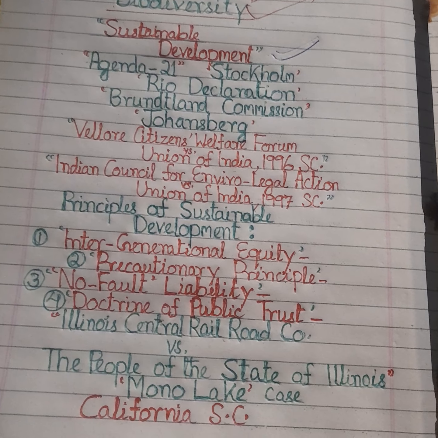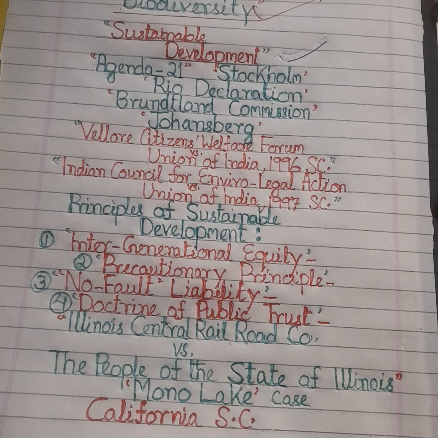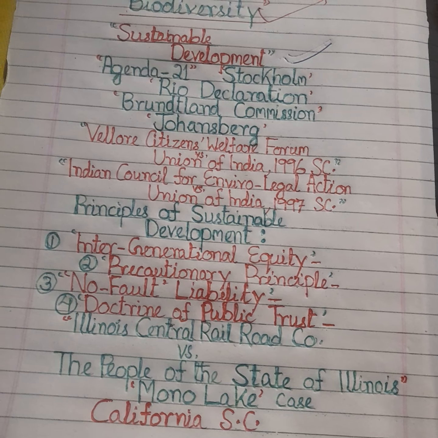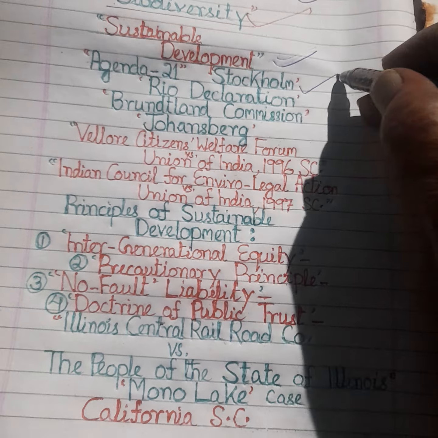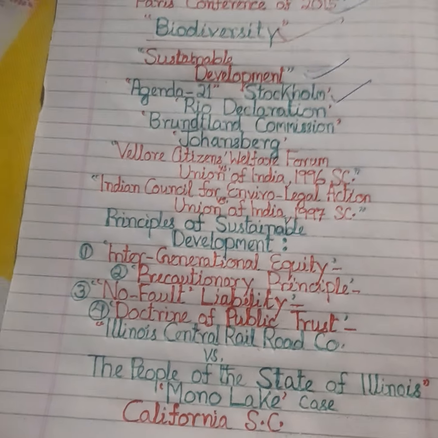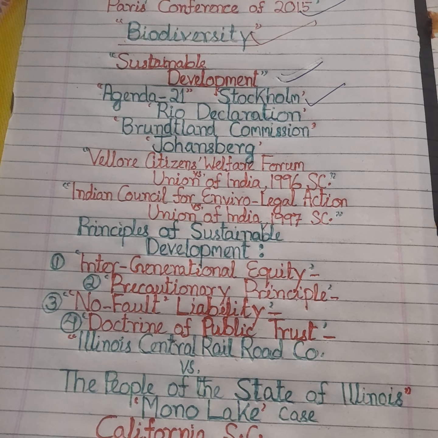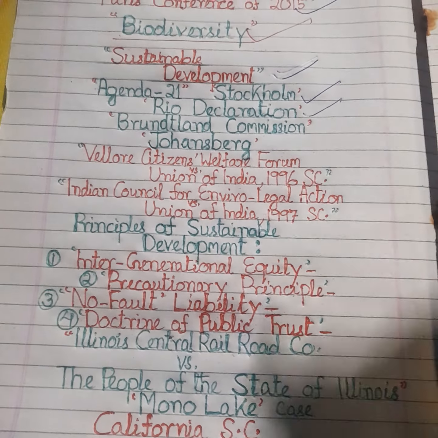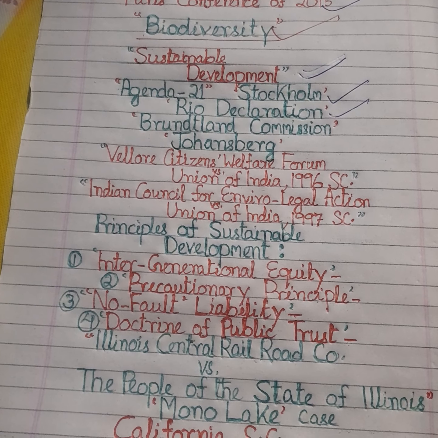The principle of sustainable development was first expounded in the Stockholm World Environment Conference of 1972 and then in the Rio Declaration of 1992.